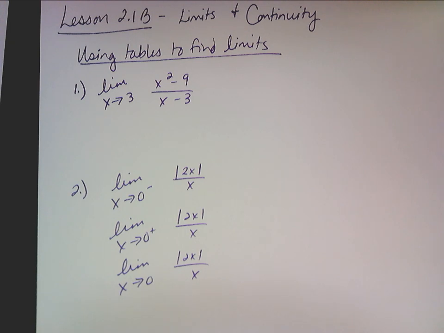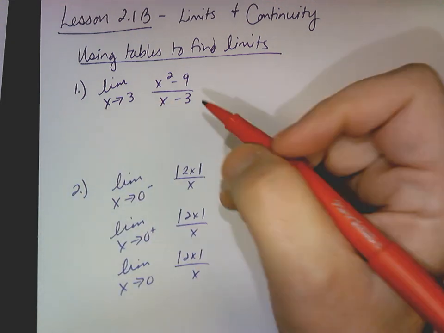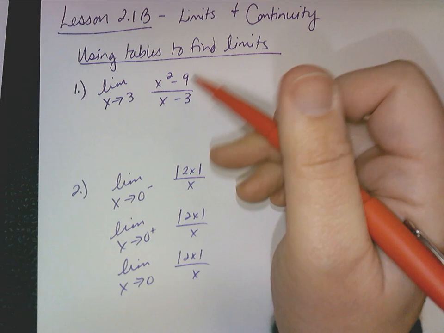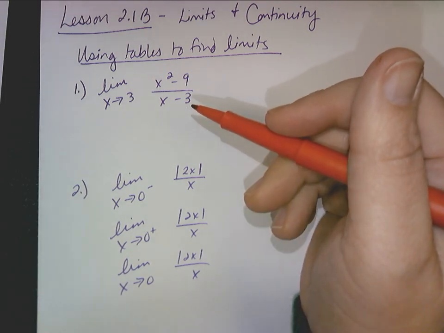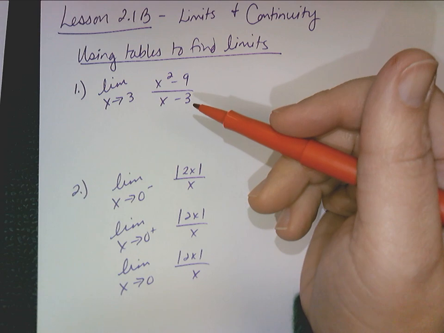But if you were to graph this function right now, which you should know what this graph looks like, this is actually going to factor, and the x minus 3's will cancel, correct? There'll be a hole in the graph then. Remember when your factors cancel from top to bottom, you have a hole in the graph?